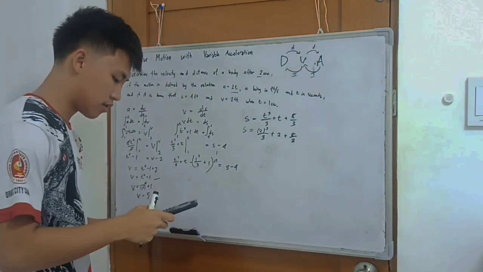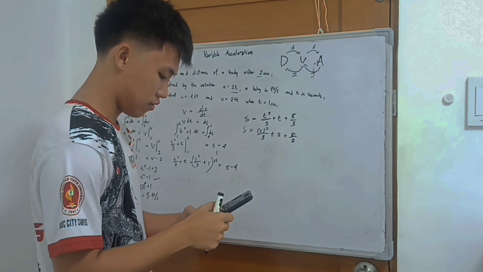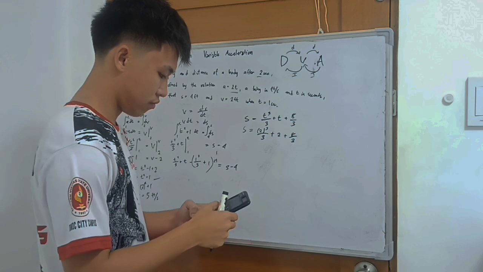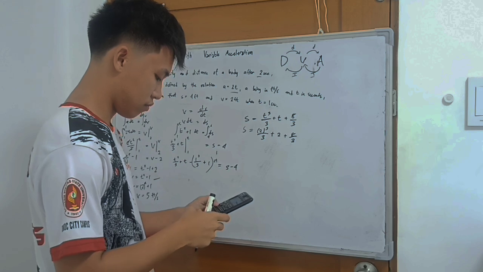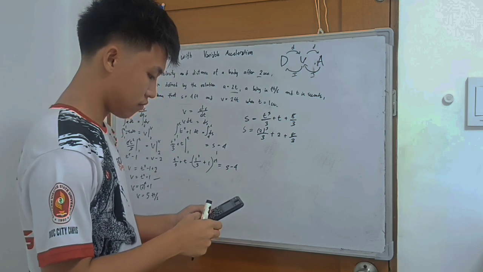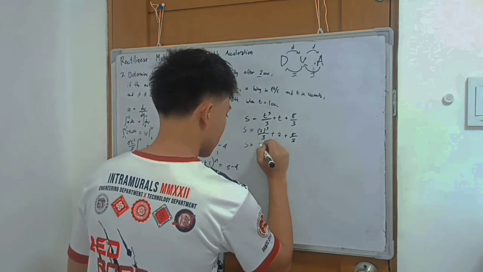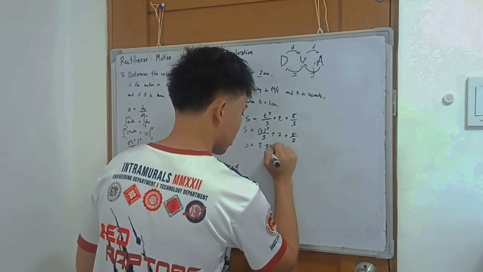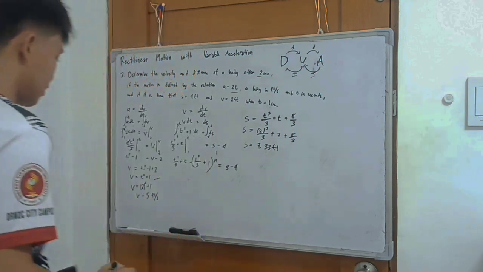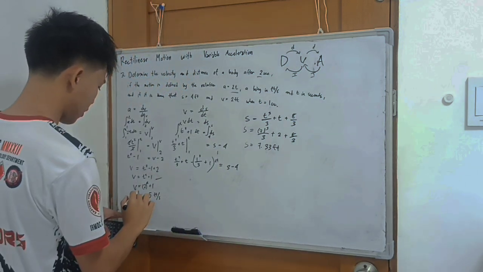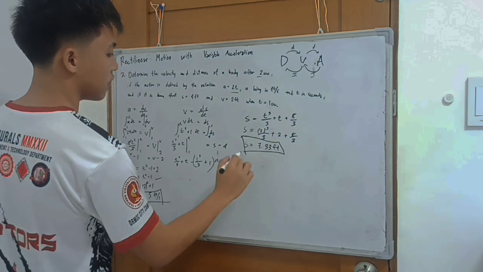So we can get our distance, 7.33. So our distance is 7.33 feet. So that's how to get our velocity and distance.